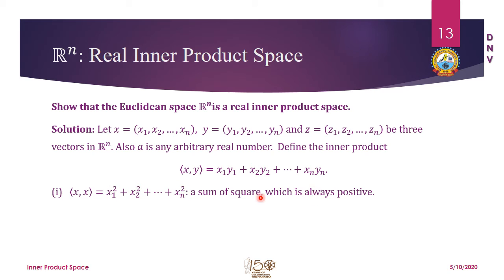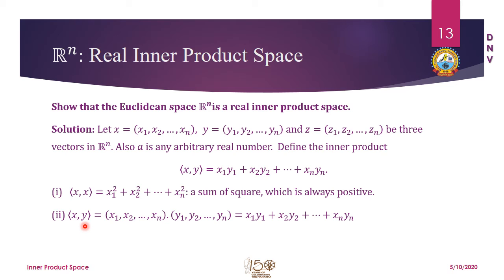So the positive part is completed, and if we want to prove it equal to 0, you are very well versed that the sum of squares will be 0 if and only if each of these components is 0, and if the components of the vector are 0, then the vector will be the zero vector itself, or the null vector itself. So definiteness is also proved over here.